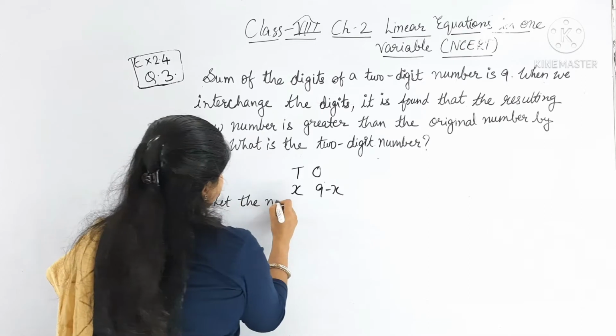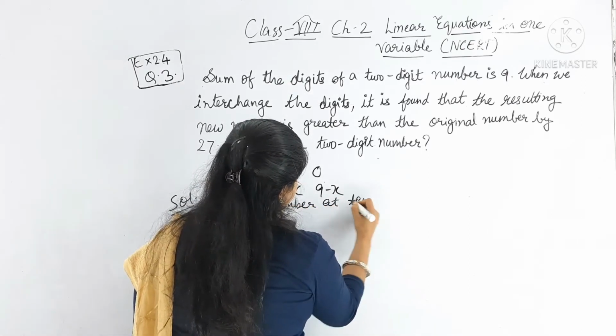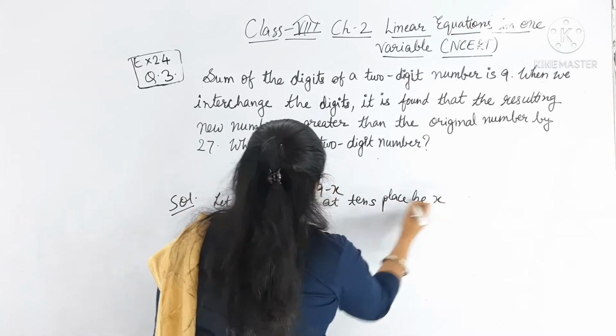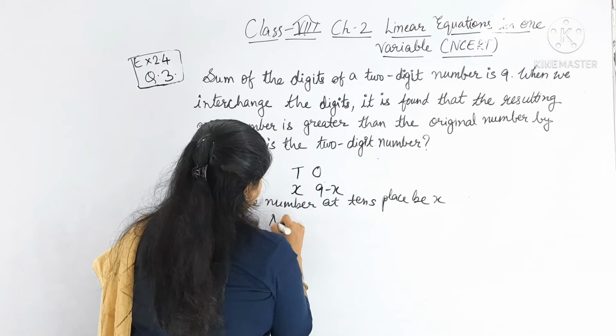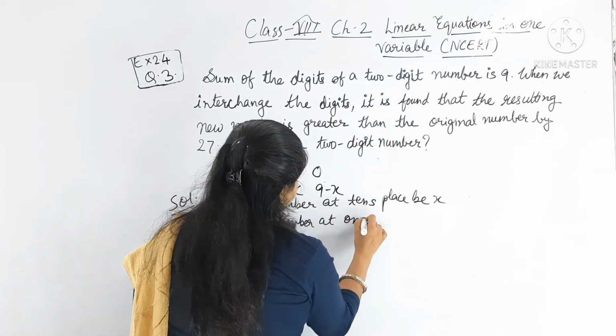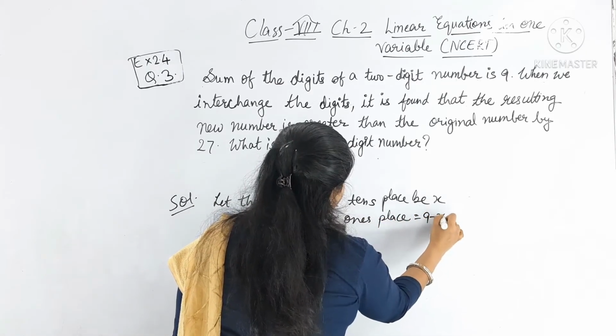Let the number at the tens place be x, and the number at the ones place is equal to 9 minus x.